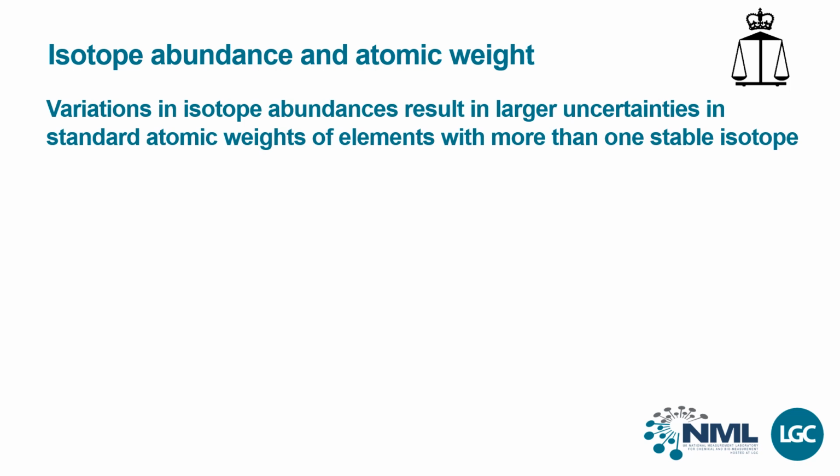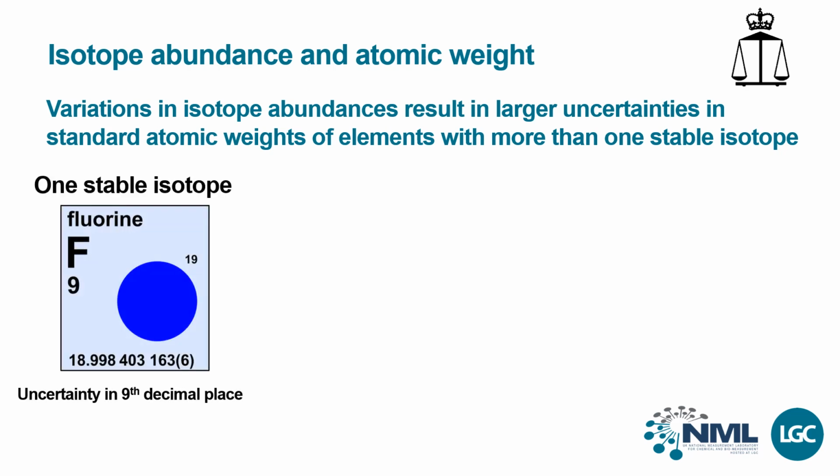The presence of isotopes of an element affects the standard atomic weights found on the periodic table. These standard atomic weights are valid for all normal materials containing the element. For elements with only a single stable isotope, such as fluorine, the atomic weight is known very precisely.